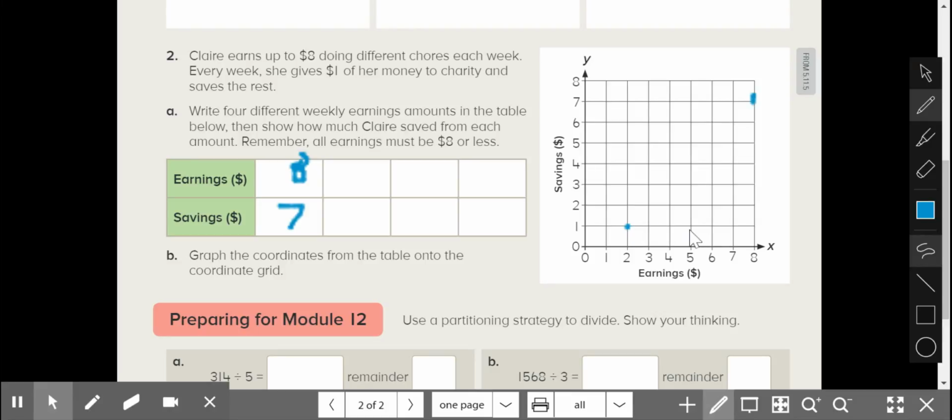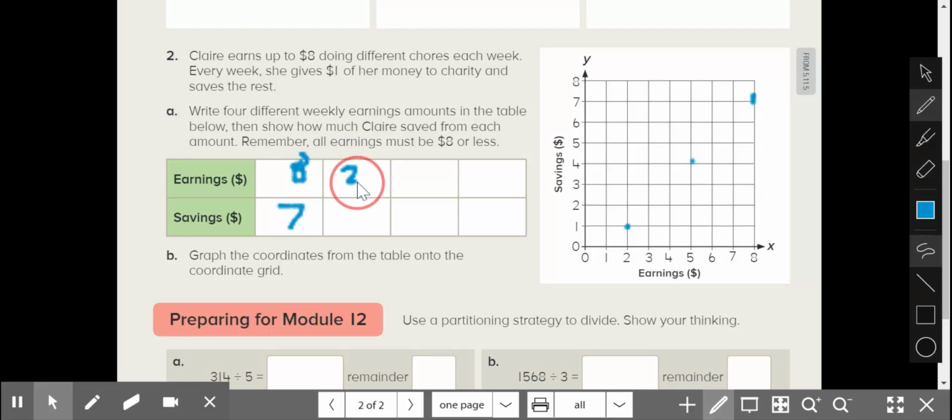If she were to earn $5, and she would give $1 away, she would have a total of, I've got that in the wrong place. She would have $4 put in savings. We better write this down so you can see this too.